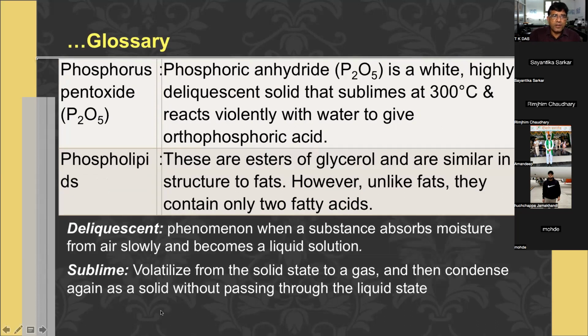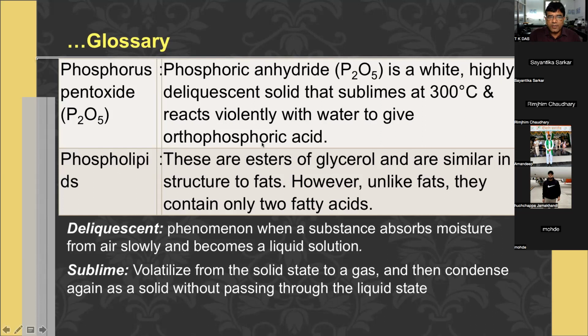Phosphorus pentoxide, this is P2O5. Normally, we express the concentration of phosphorus in the form of P2O5. Phosphoric anhydride, the chemical name of P2O5, is a white, highly deliquescent solid that sublimes at 300 degrees centigrade and reacts violently with water to give orthophosphoric acid.